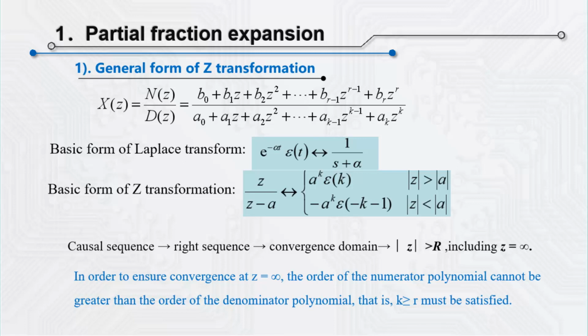We can compare the order of the numerator polynomial of X of z with the order of the denominator polynomial. Then k must be greater than or equal to r.